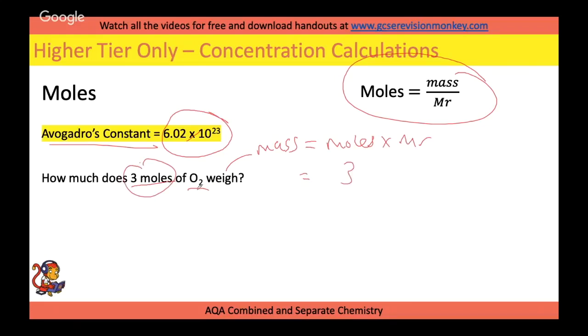And they'll give you a hand either by directing you to the periodic table or giving you the relative atomic masses. So 16 is oxygen, so 16 times 2 is 32 for the relative formula mass. Times that by 3 together and you'll get 96 grams. Mass throughout chemistry is in grams. In physics, it's kilograms. In chemistry, it is grams.